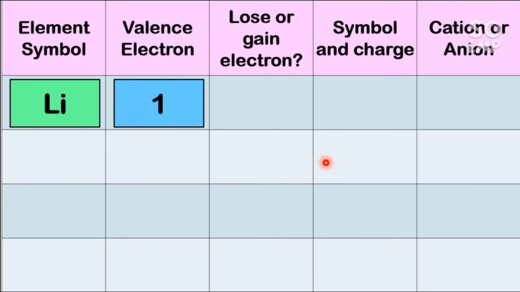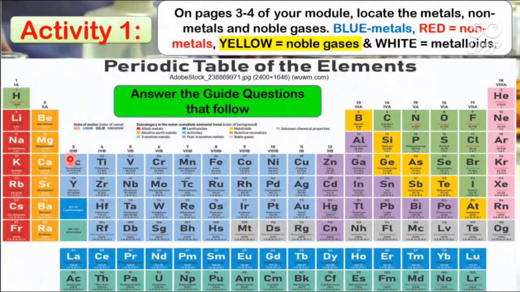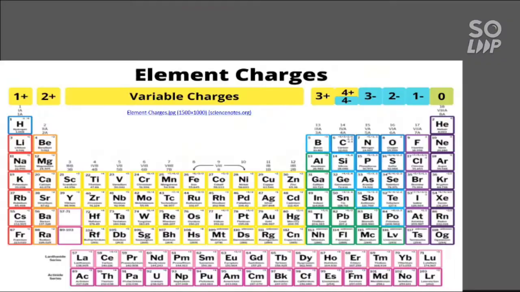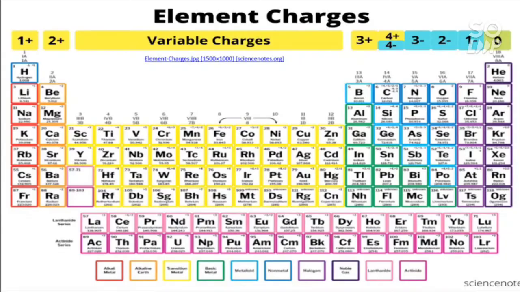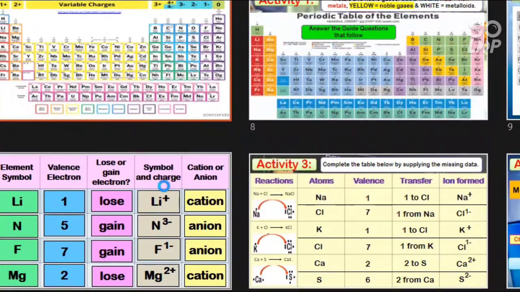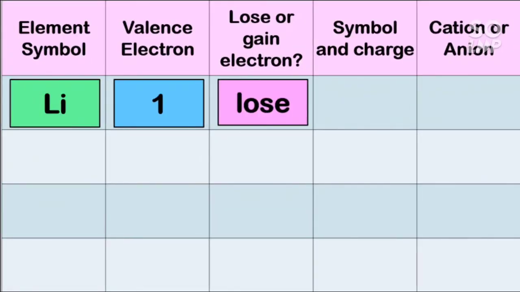As simple as that. So the question is, lithium, is that a metal or non-metal? Since lithium is on the left side, meaning it is a metal element. And since lithium is a metal, naturally, it will lose electron in the chemical bonding. And lithium has a positive 1 charge.